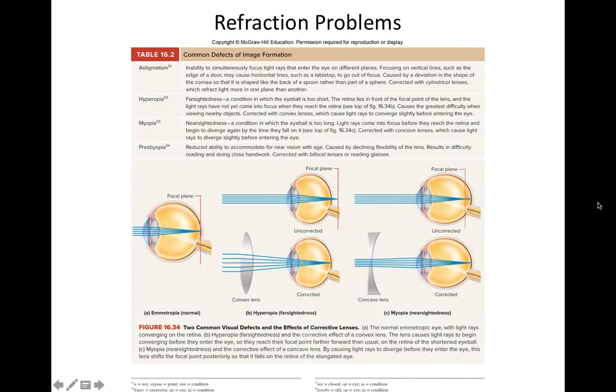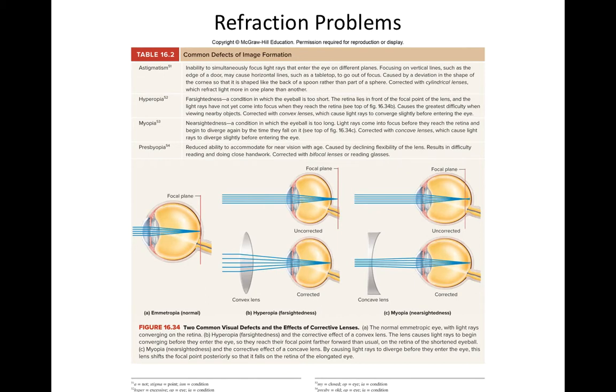Now, we definitely have some issues with refraction in terms of the shape of our eyeball, because that definitely plays into whether or not our focal plane hits the retina or not. So a couple different things. Astigmatism.